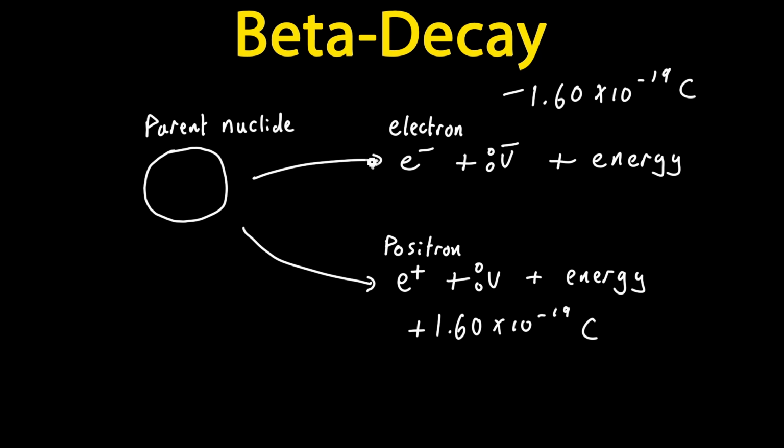So we can either have beta decay where we're emitting an electron and an antineutrino, or the parent nuclide is emitting a positron and a matter neutrino with some energy. And sometimes you'll see the electron from beta decay written like this, beta negative, and the positron beta positive.